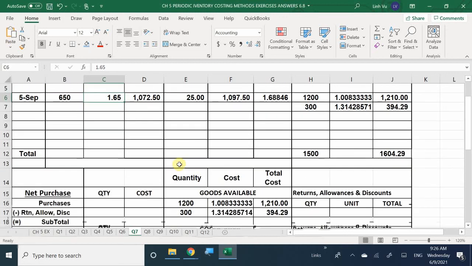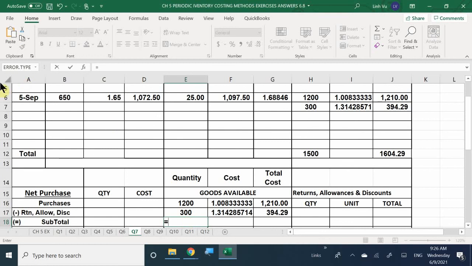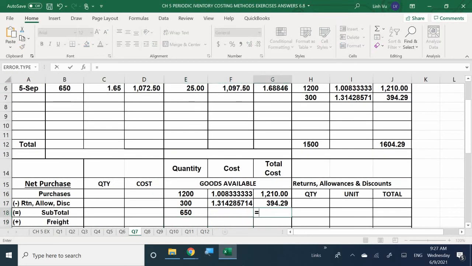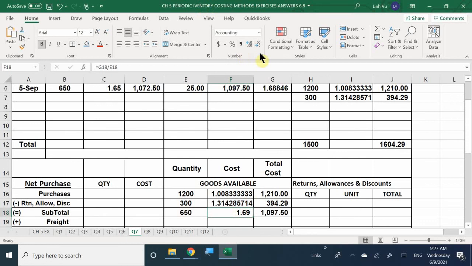Okay. Thank you for that. So then, because I know that this batch is going to be the same, no changes, no returns or anything here, this should be put into my goods available.